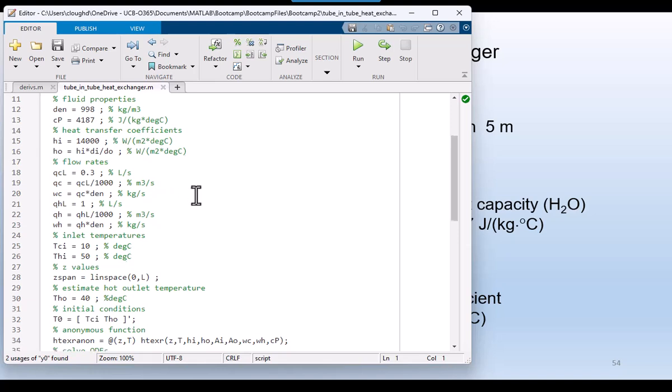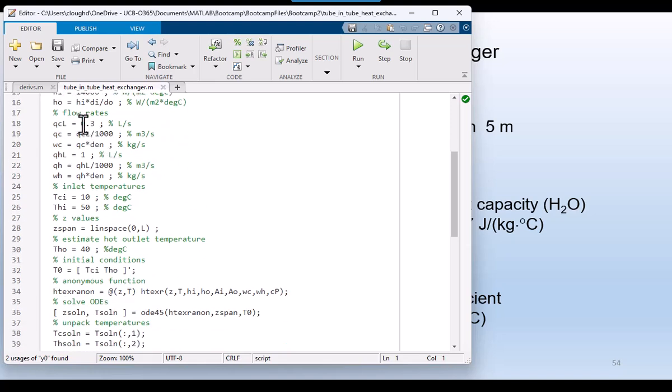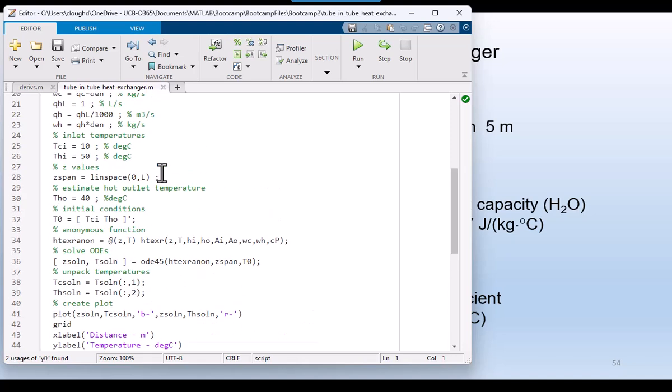Then we have our operating conditions in terms of liters per second, and we take that and convert that over to mass flow rate for each, kilograms per second. We have our inlet temperatures, and then we have our span for our solution, which is 0 to L, the length of the heat exchanger, 5 meters.